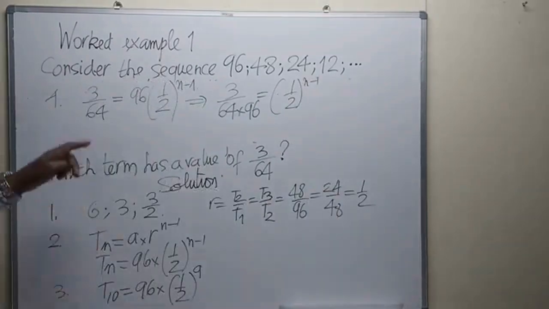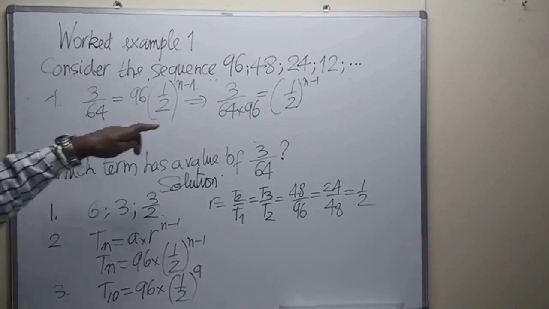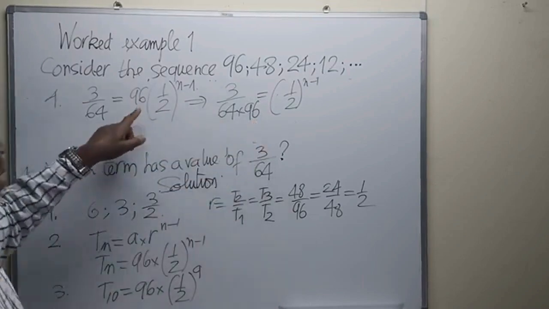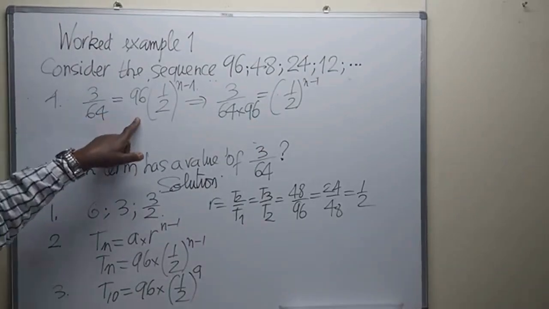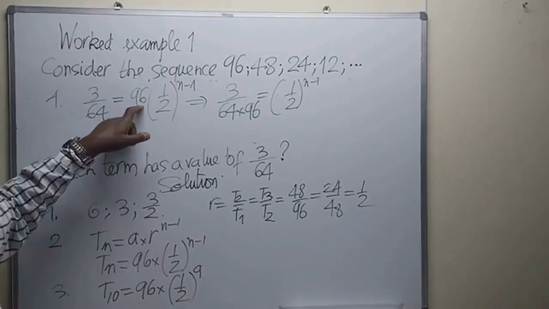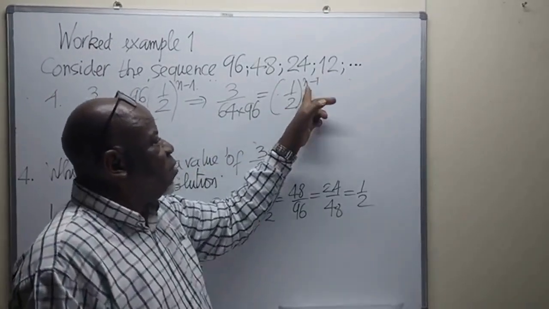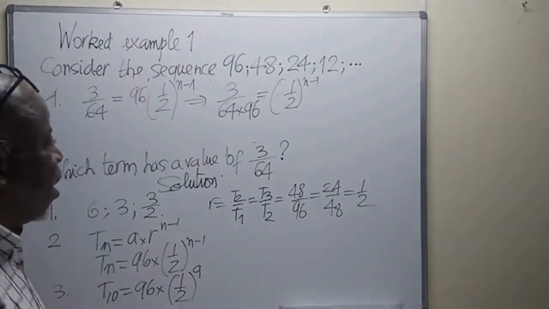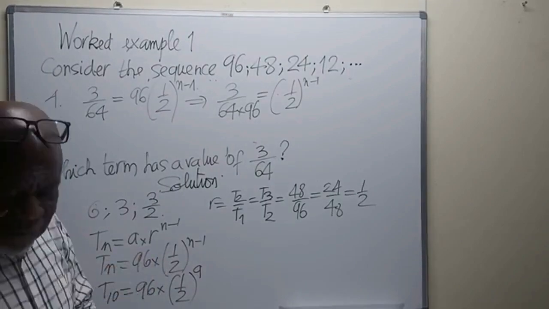Meaning, if you multiply the left-hand side by 1 over 96, we'll be having 3 over 64 times 96. And on the other side, 96 multiplied by 1 over 96 will give us 1 here. That is why, on the other side, we're having 1 over 2 to the power of n minus 1. So we're going to use our calculator, and this will help us to see what will be the value of n.